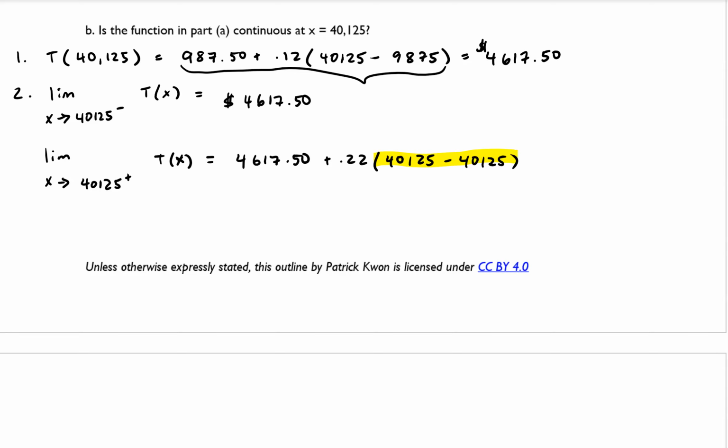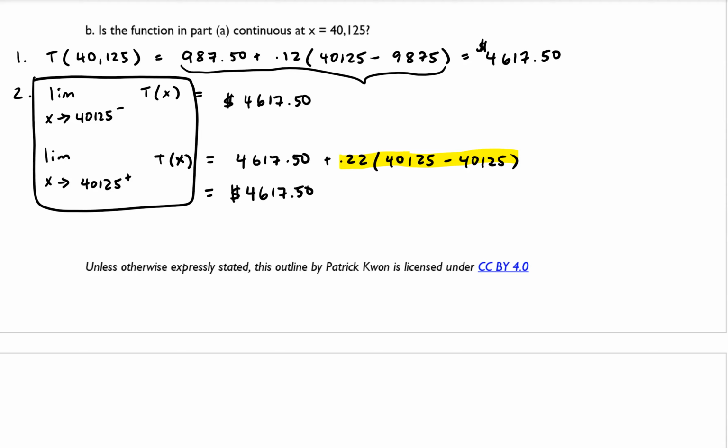Recognize that this is equal to 0, so this whole thing turns to 0, and the right-hand side limit is 4,617.50. Now recall, since both the left-handed and the right-handed limits are equal, that means that the limit does exist. So the second condition checks off.